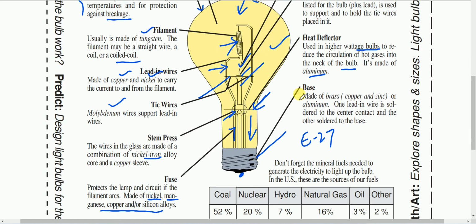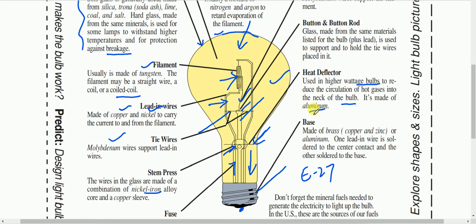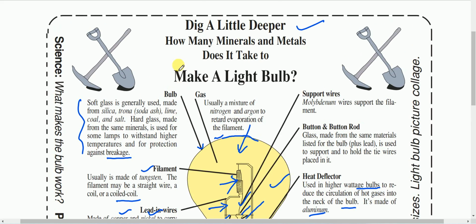For making the filaments and other wires, we use different types of metals like tungsten, copper, nickel, molybdenum, silicon alloys, manganese, aluminum. All these are used in making a light bulb. And likewise, you may find others also.